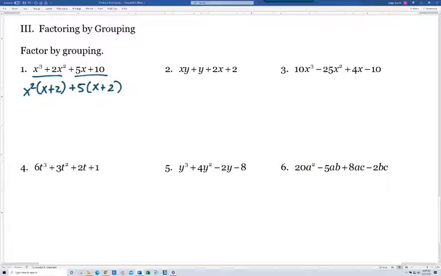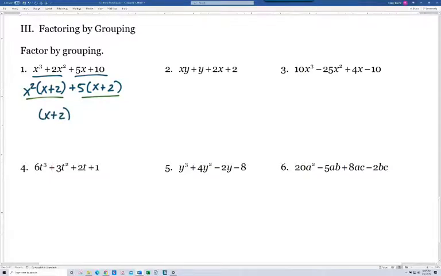Now what we have here are two terms, and in each of the two terms we have a factor of x plus 2. Here we have x plus 2 times x squared, and here we have x plus 2 times 5. So our GCF is x plus 2.